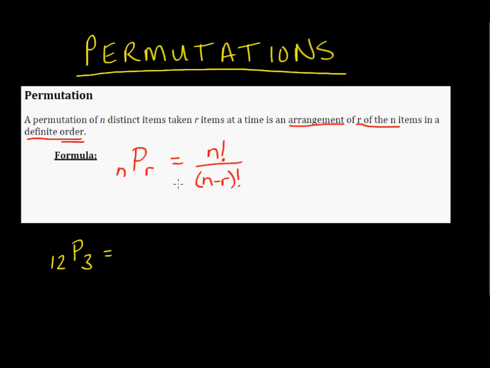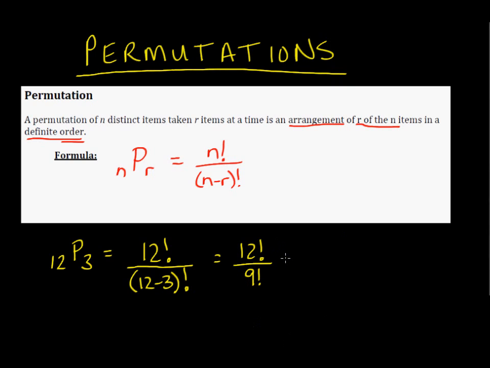Okay. Well, using this formula, that would mean we have n factorial, so that would be 12 factorial, because the 12 matches up with the n here. Okay, then divided by (n minus r) in brackets with factorial. So n minus r is 12 minus 3, and then we've got the factorial. Okay, so using what we know about factorials, this is the same as 12 factorial over 9 factorial. Okay?